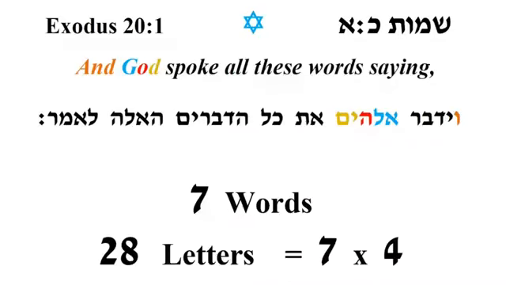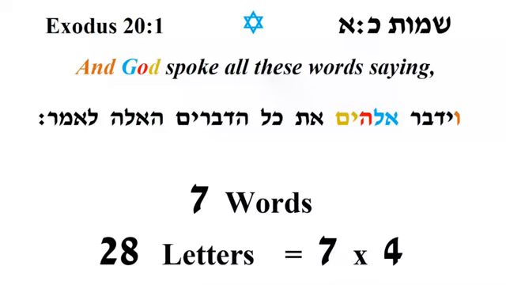That's interesting. And that happens to be Exodus 20:1. And all it says in Exodus 20:1 is, and God spoke all these words, saying. And then he went on to say these words.